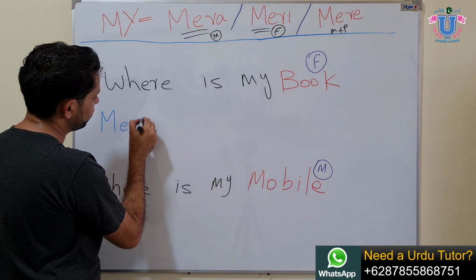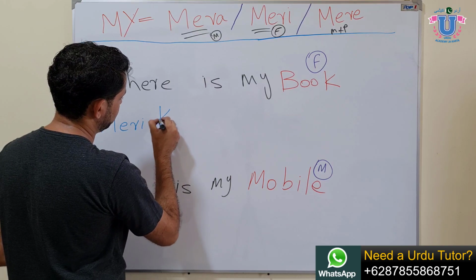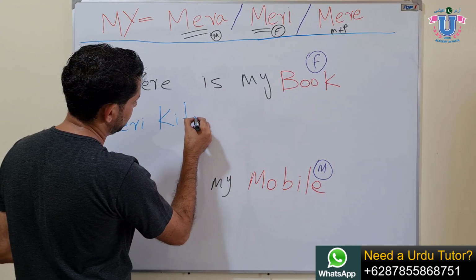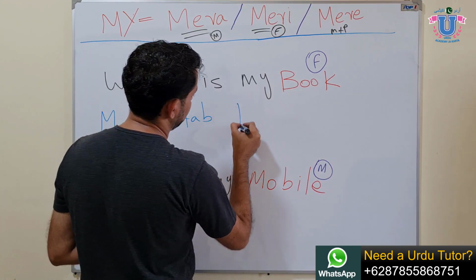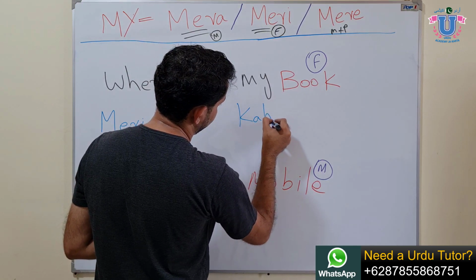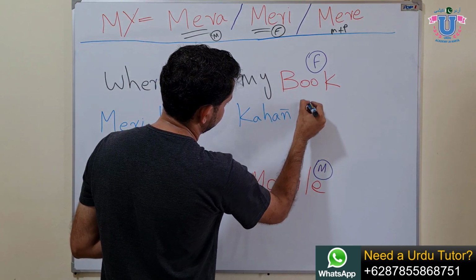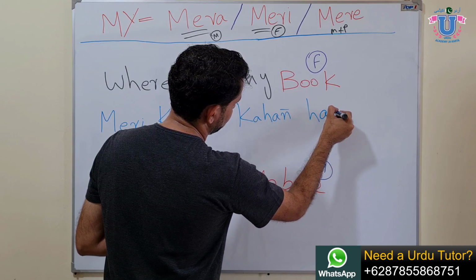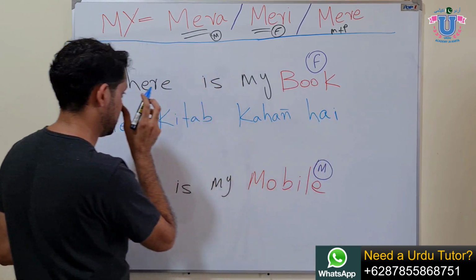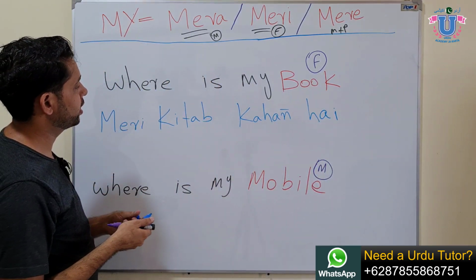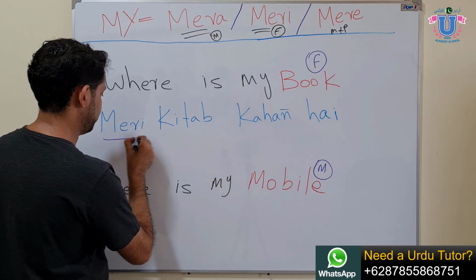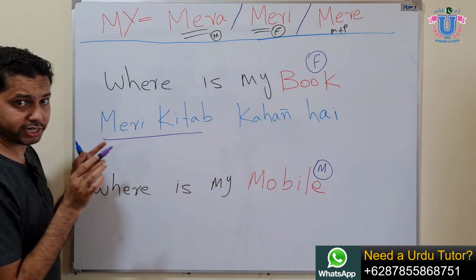In Urdu the word book is kitab, so we will write kitab. Meri kitab kahan hai? The n is silent. Meri kitab kahan hai? So why are we using meri, not mera? Because the book is feminine. Once again, your gender doesn't matter.